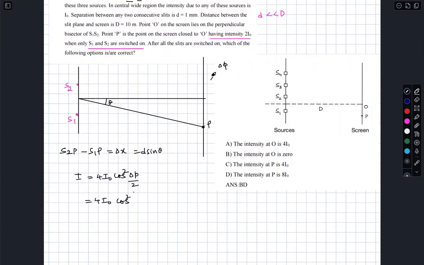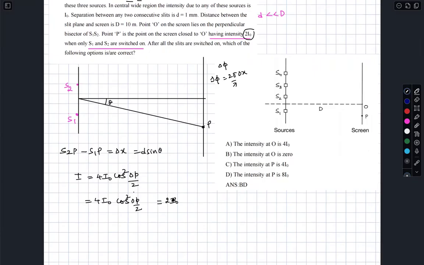Delta phi is equal to 2 pi by lambda times delta x. Right. So keep that in your mind. See, remember they have given this part as 2I naught.